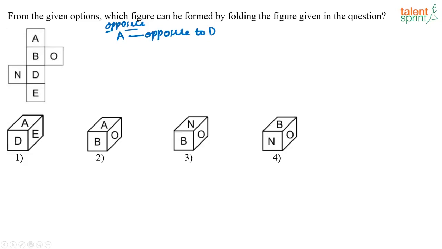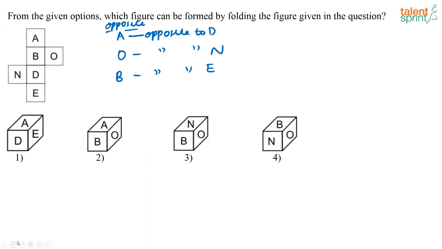A will be opposite to D when you actually fold this. Similarly, O will be opposite to N, and B will be opposite to E. You can actually note it down like this.